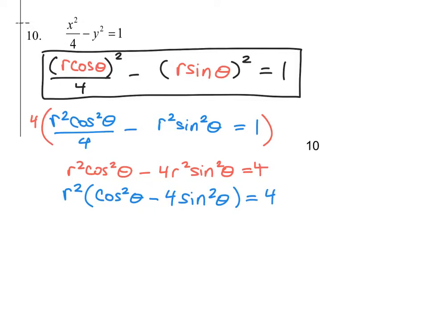So I pull out the r squared. I could divide both sides by everything but the r squared. I'll be looking at r squared is equal to 4 over all that jazz. And then I can take the root of both sides.